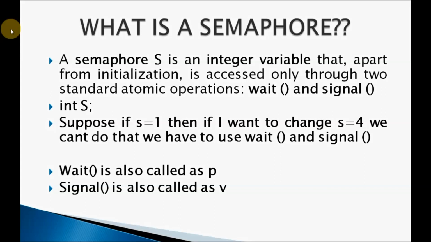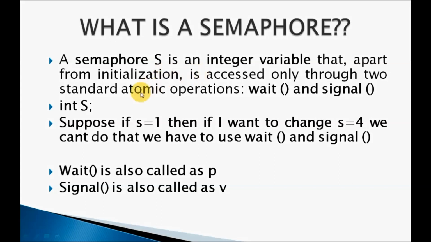So what is a SEMAPHORE here? You can see here a SEMAPHORE is nothing but it's an integer variable. SEMAPHORE is just an integer variable, right? So you have to initialize the SEMAPHORE variable, right?